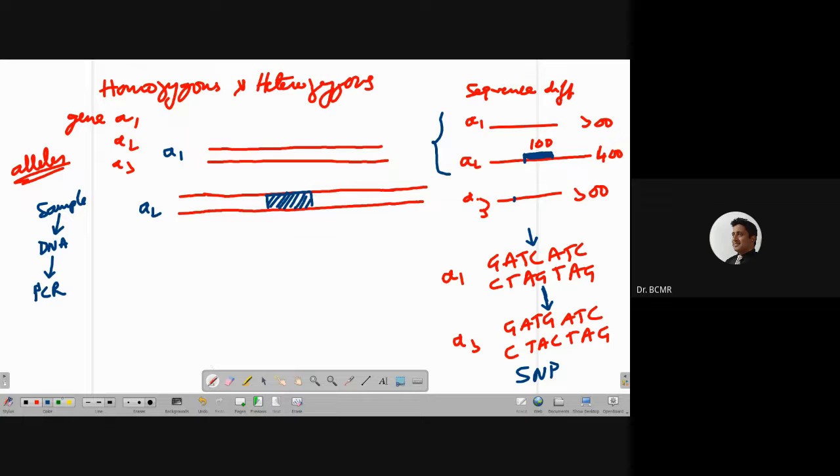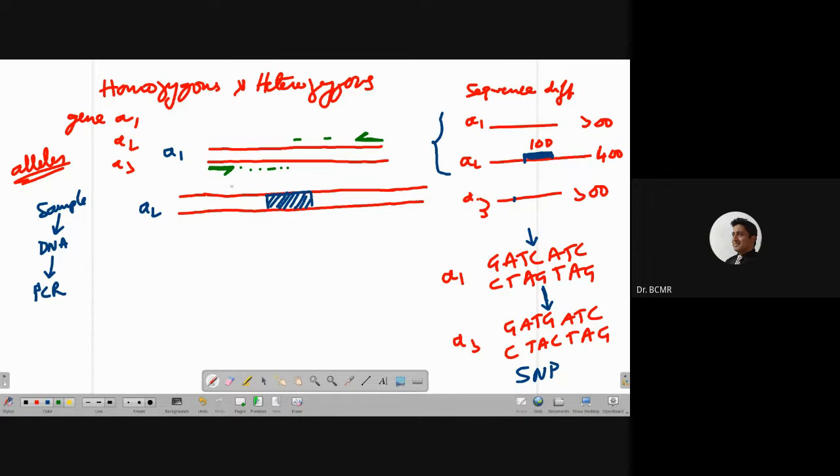The primers are designed in such a way that one primer will be attached this way. That green one is showing, and the half arrowhead is showing the direction of the primers, 5' to 3'. So polymerization would happen in this way, and in here it would happen in this way.